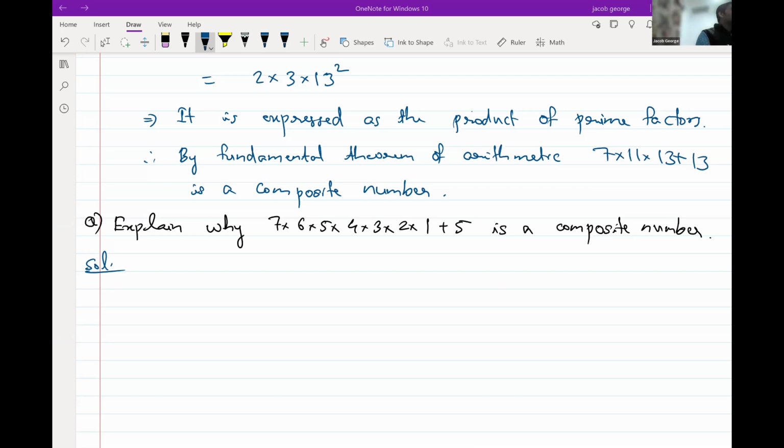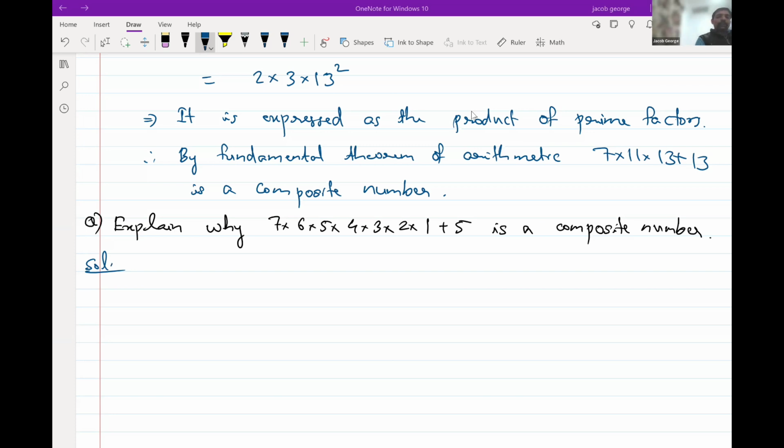You got 5 into 1009. Plus 1, because we have taken out 5, right? The second term is plus 5 by 5, plus 1. So 1009 you got. 5 into 1009, all of you got?